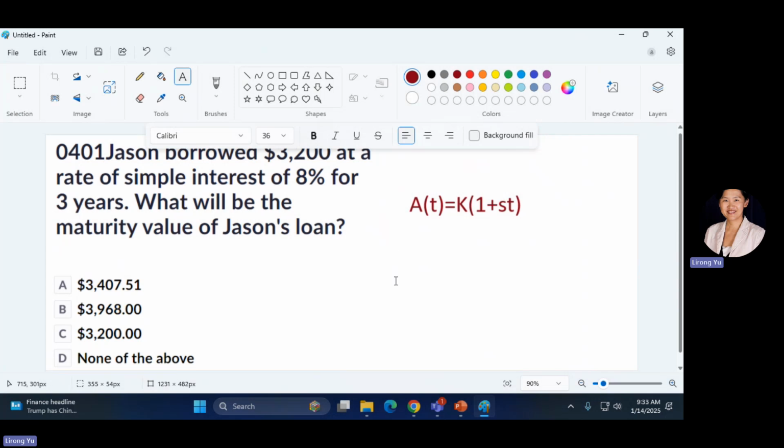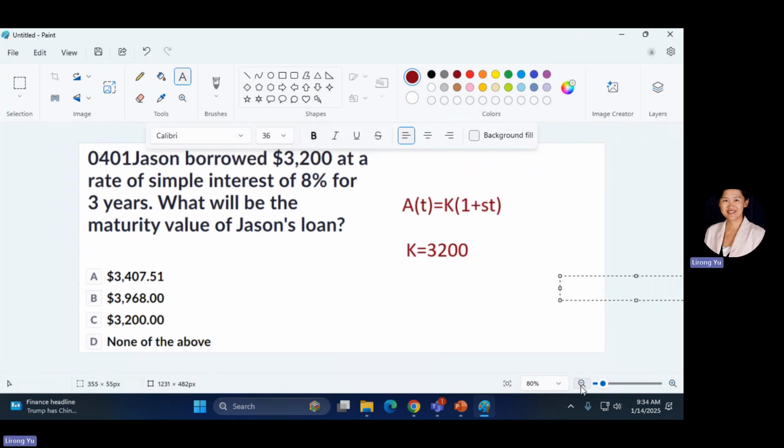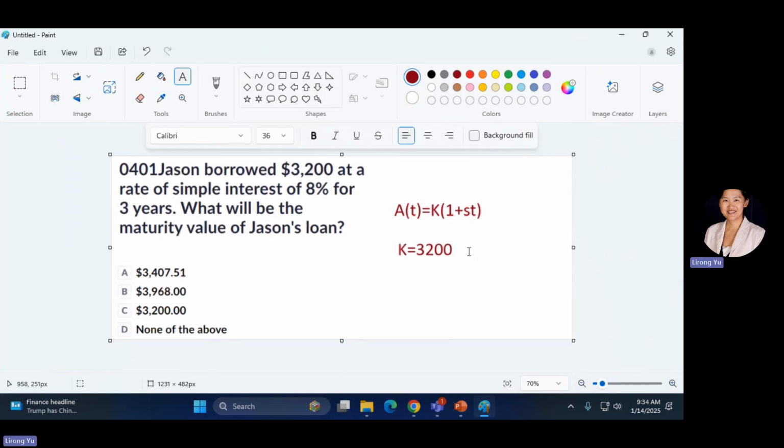In this question, we try to identify the values. K is the original investment, 3,200.